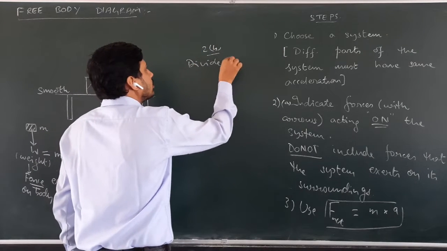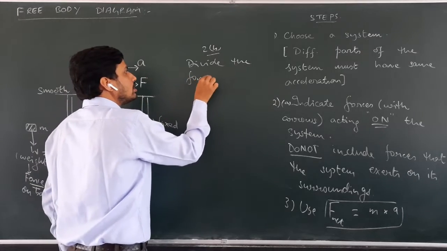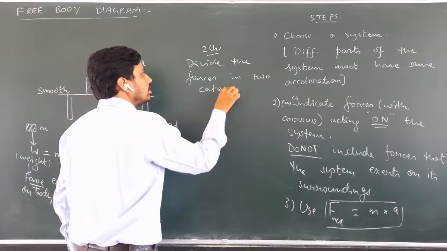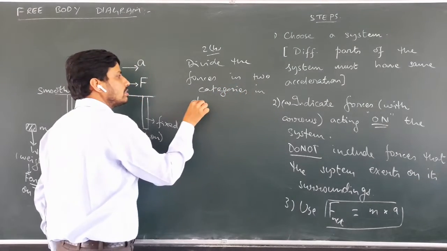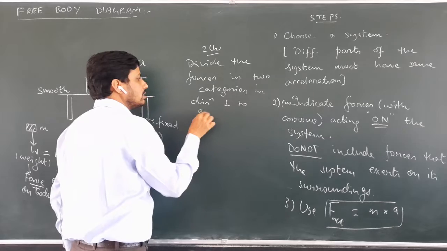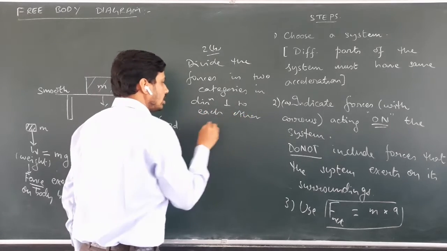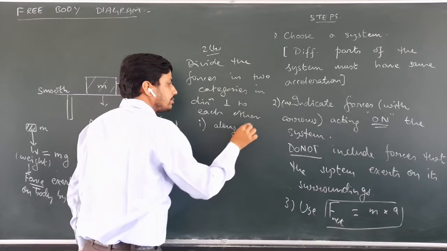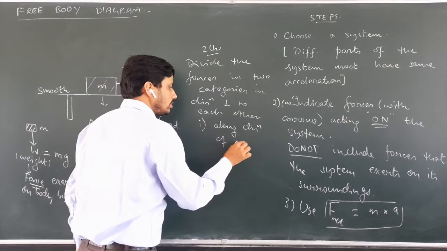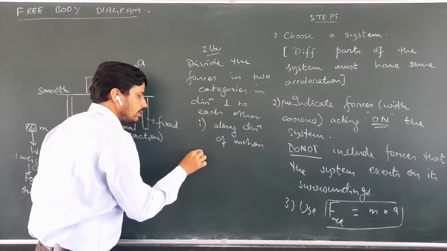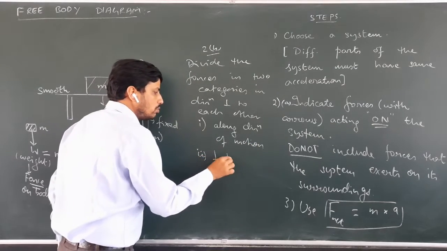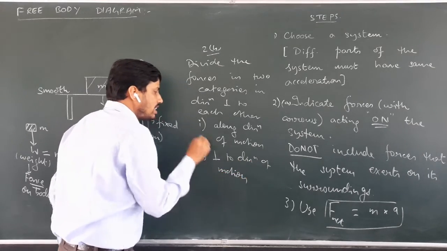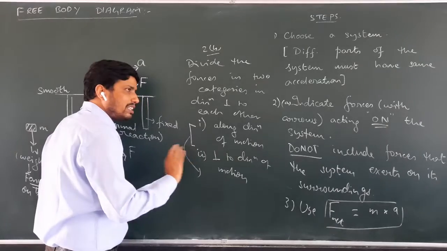Divide the forces in two categories, in directions perpendicular to each other. Number one category along the direction of motion, and number two category perpendicular to the direction of motion. And these two categories will not be related to each other.